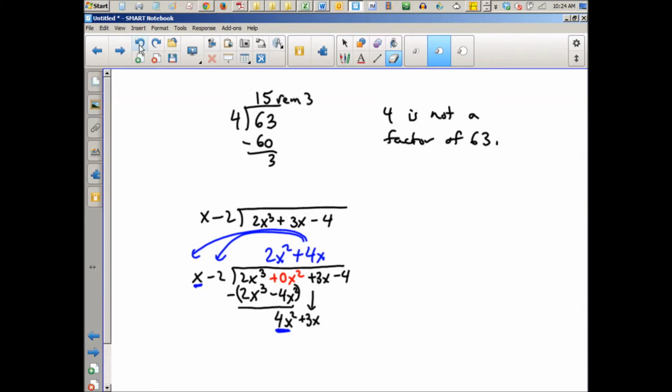And then you write your result. So what is 4x times x minus 2? Should be 4x squared minus 8x, right? And you're trying to subtract, so you effectively add that 8x, and you get 11x. You drop down this negative 4.